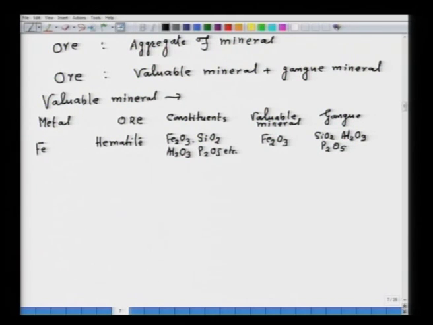But they are also minerals, because SiO2 is one atom of silicon and 2 atoms of oxygen. Silicon is also a very important metal. Al2O3, aluminum is also a metal, remember.